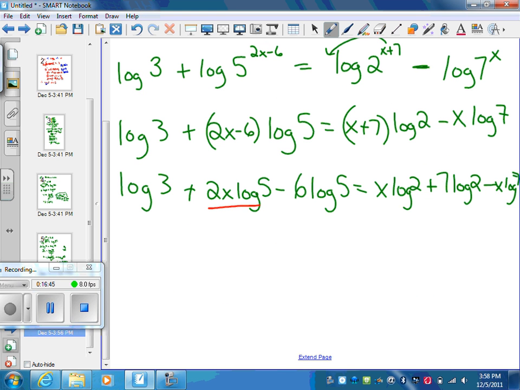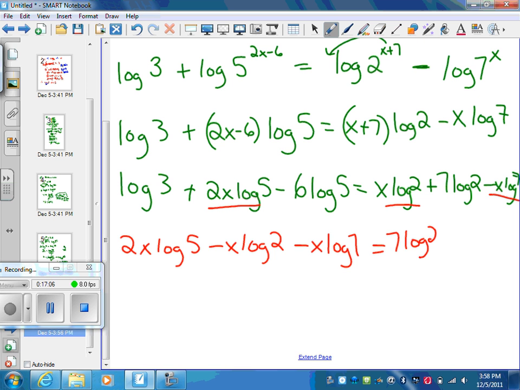Here's an x, there's an x, there's an x. I'm going to bring them all to this side. I have 2x log 5 minus x log 2 minus x log 7 is equal to 7 log 2 minus log 3 plus 6 log 5.